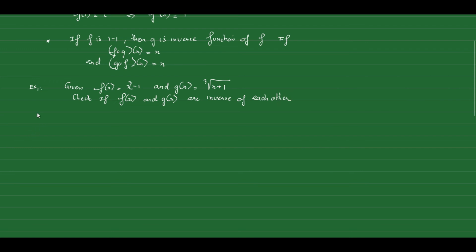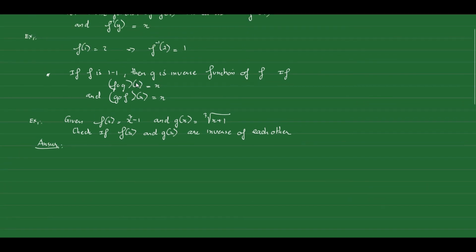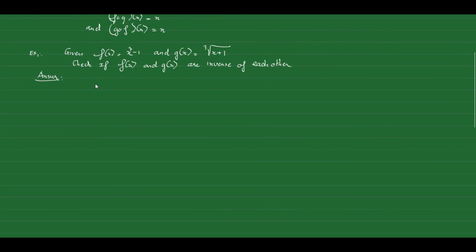Answer: we're going to compose f to g and g to f. If it turns out to be x, then they're inverses.